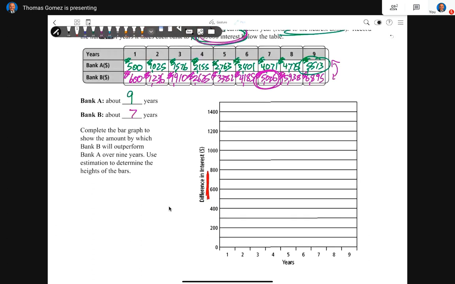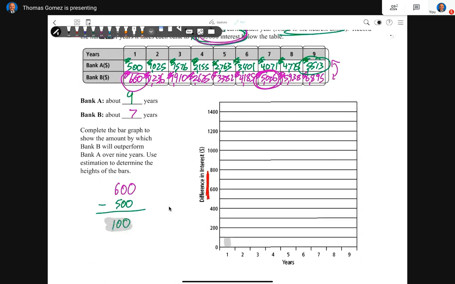And after 1 year, it's the better option by $100. Okay. And the way that I got this $100 is I simply looked at Bank B was $600, Bank A was $500. And if I'm subtracting this $100 difference is what I just graphed over here in gray.